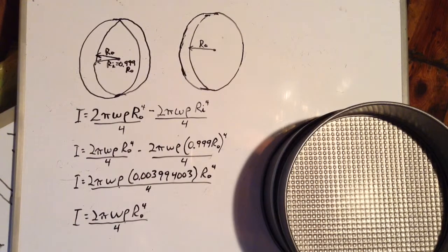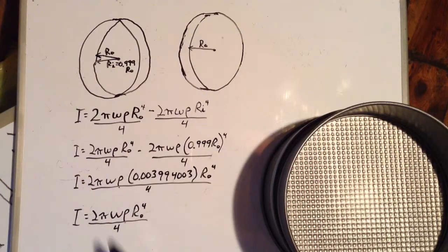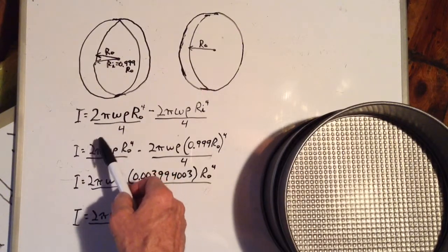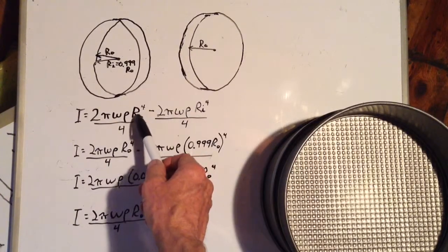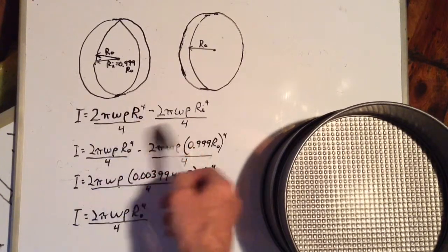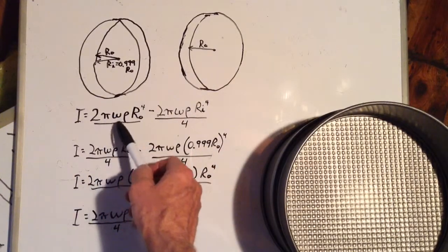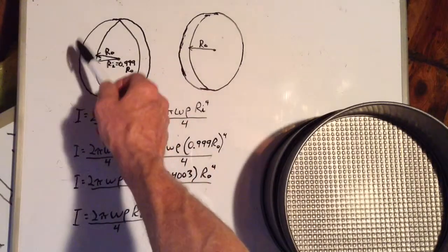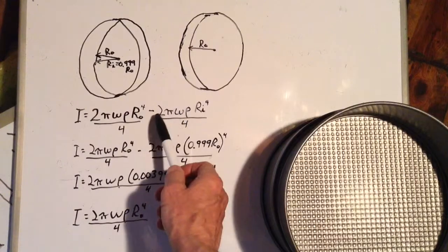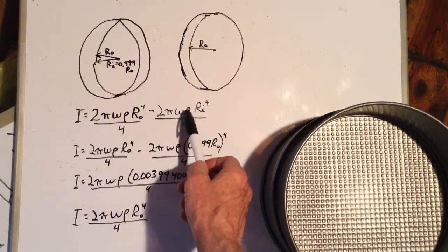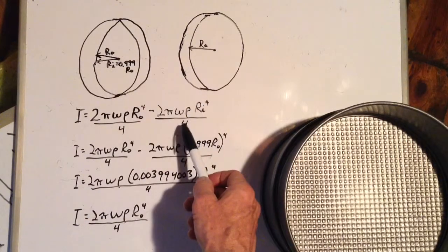The moment of inertia of the ring, I is the letter used for moment of inertia. We just had this equation a while ago. We integrated to get it, and we plug in Ro in the first part of the equation and Ri in the second part. 2 pi times the width times the density times the outside radius to the 4th power over 4, minus the same string of stuff, 2 pi times the width times the density times the inside radius to the 4th over 4.